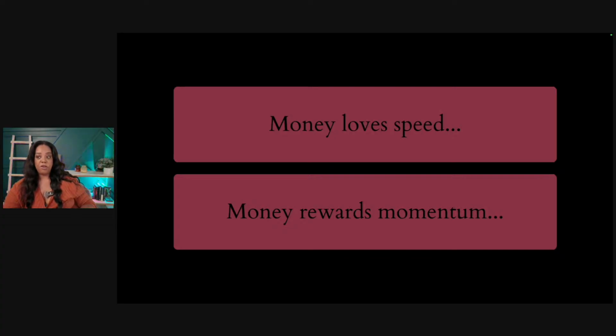So your first order of business is to get your first speed, get money, because money loves speed. And then that speed unlocks momentum. Are we good with it? All right. And here's the thing, speed requires you to not necessarily have everything to get there.